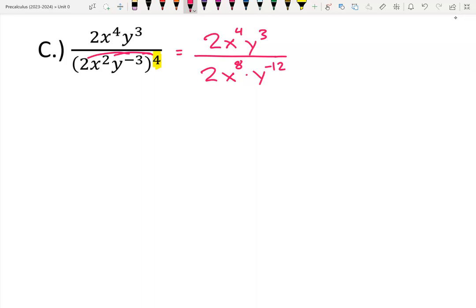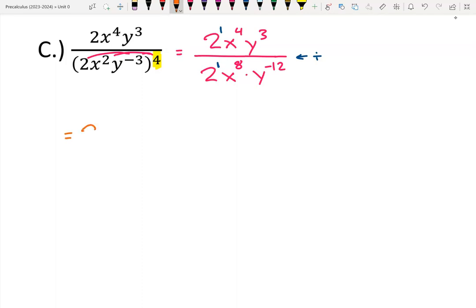All right. Now, if you don't see a power, the invisible power is 1. We have a bunch of same bases here, all being divided. And remember, if we divide powers with the same base, the powers get subtracted.